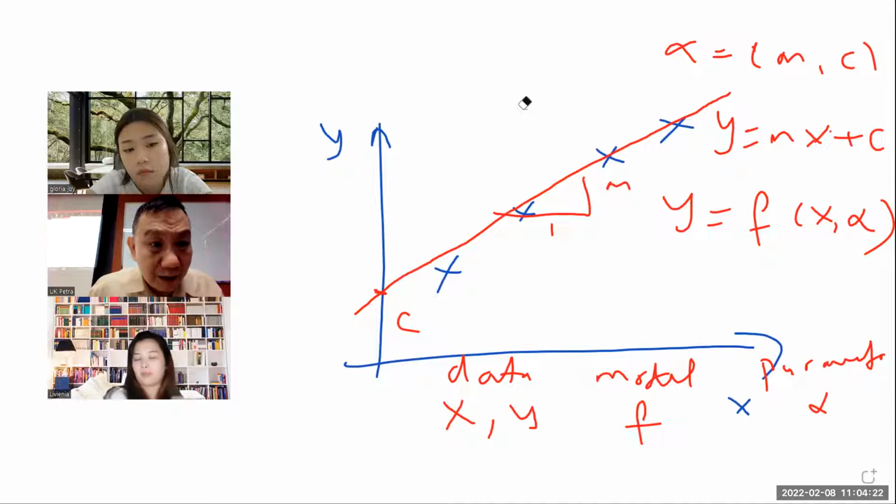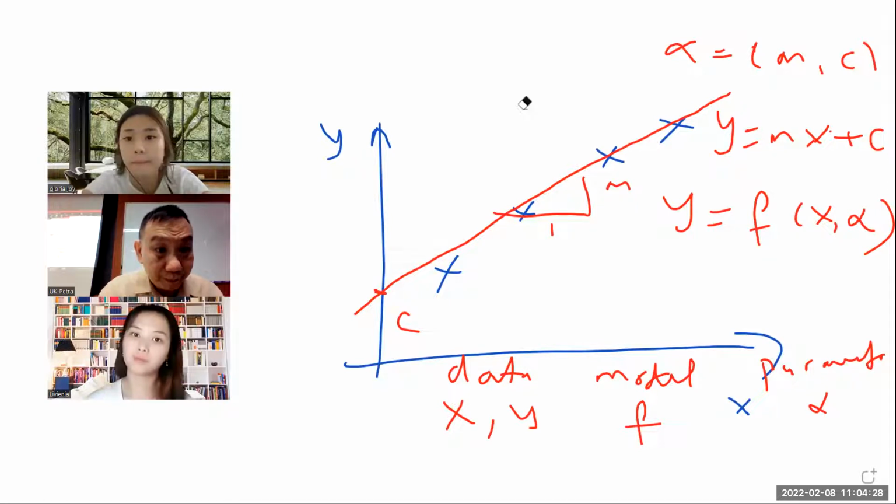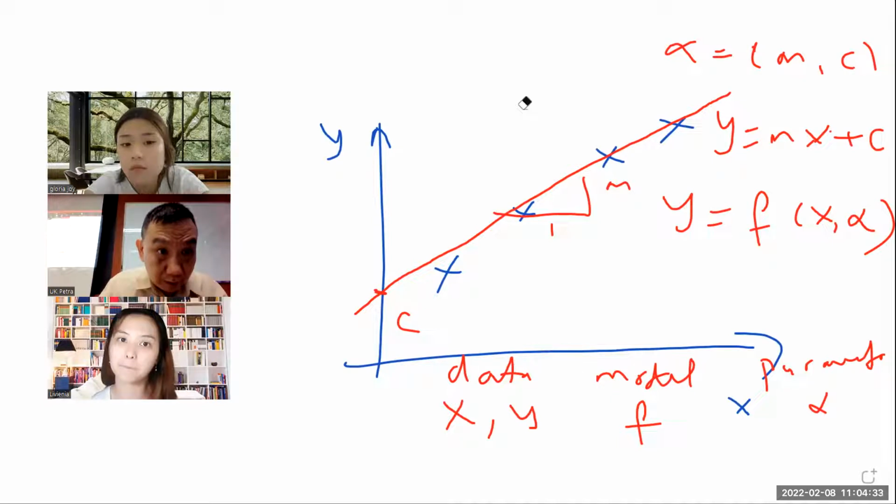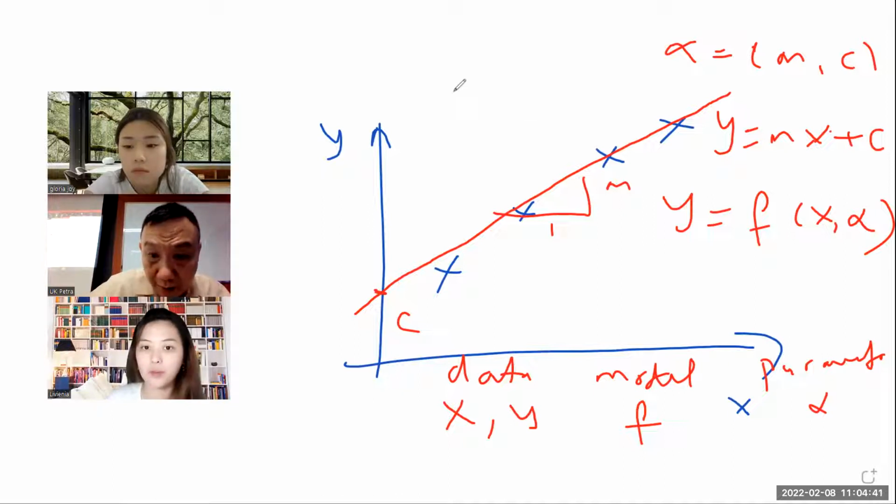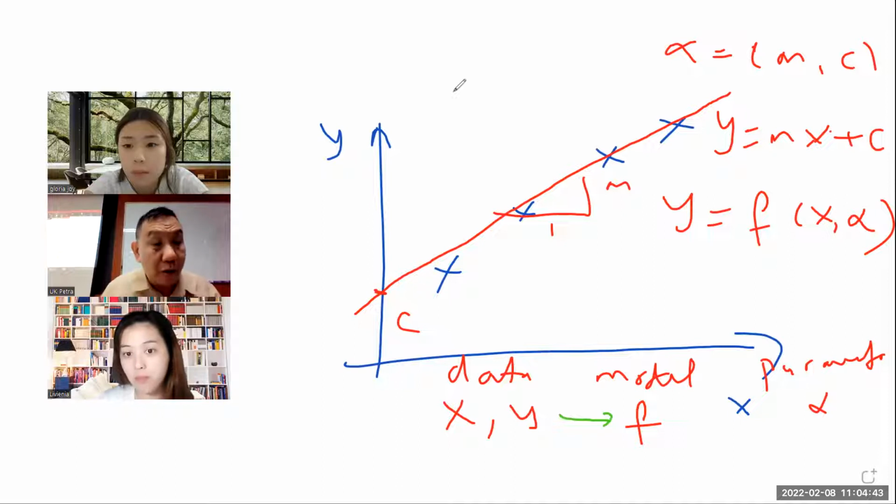Right? Look, my first step is understanding phenomena. What does that mean? Meaning, I have my data, input and output, x and y, right? And I have my model. Okay, so what happened is I changed my color to green so that you will see. I have my data, I input it into my model, right?